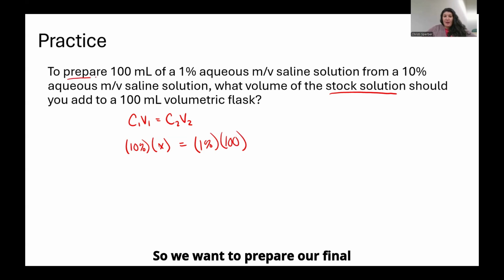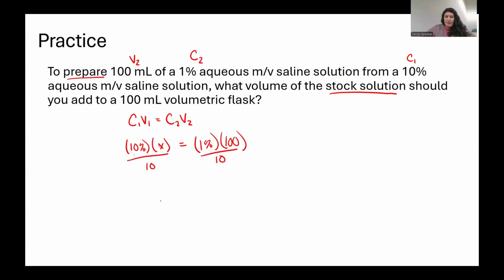So we want to prepare, our final is 100 milliliters, so this is V2, of a 1% aqueous solution, this is C2, from a 10% aqueous saline solution, so that was C1. We are going to divide by 10, and the volume is equal to 10 milliliters.